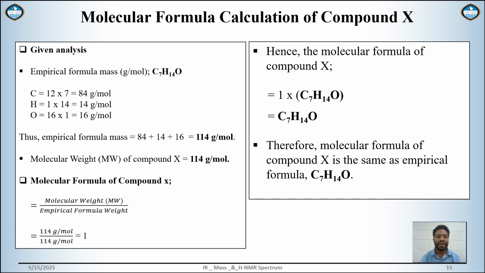Dividing 114 grams per mole by 114 grams per mole gives 1. Hence, the molecular formula of compound X is 1 times the empirical formula C7H14O, which gives C7H14O. Therefore, the molecular formula of compound X is the same as the empirical formula, C7H14O.